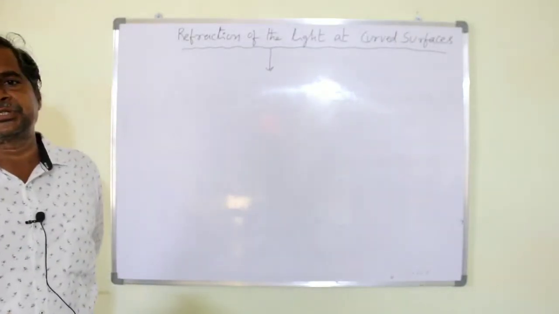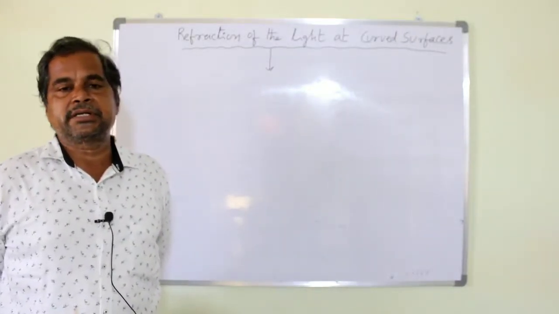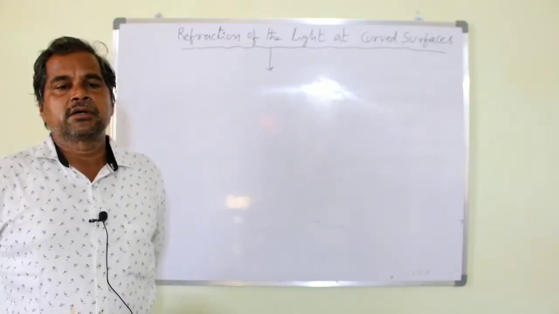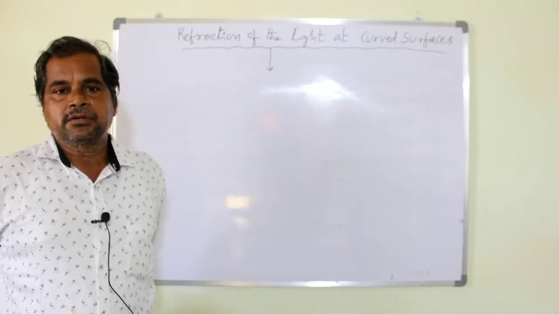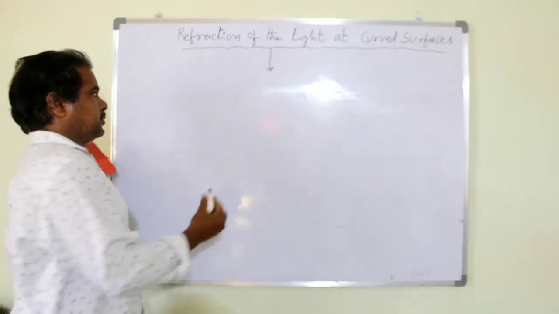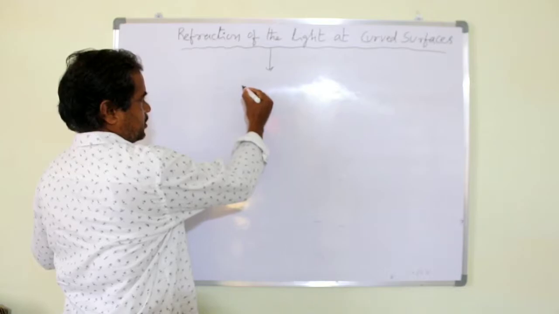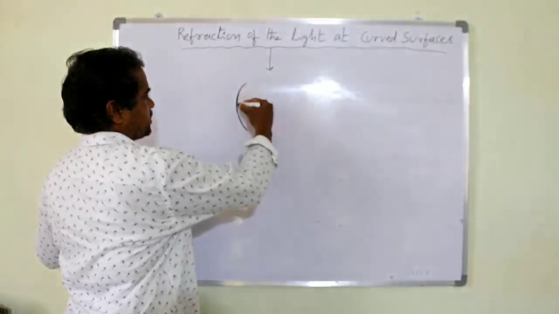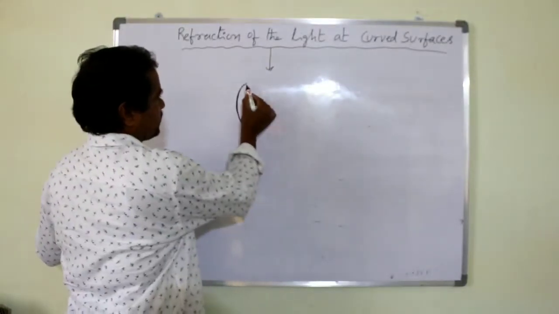Any surface of a transparent medium, or any transparent substance, bulging either inwards or outwards is known as a curved surface. For example, this is treated as a curved surface.